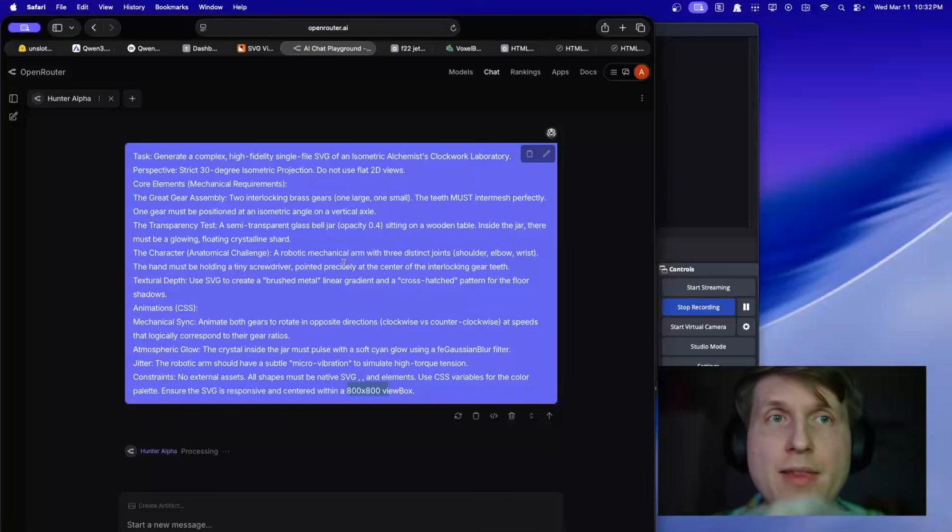And now that we have one of the tests with the car and seeing how it really rendered the lighting really well, I'm kind of curious to see if this custom prompt is something that it can do.